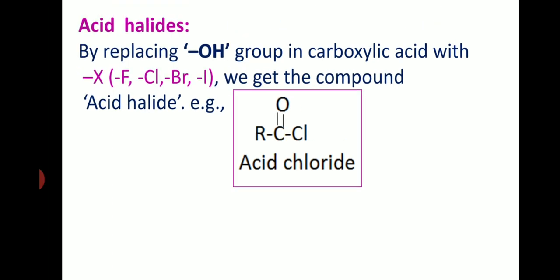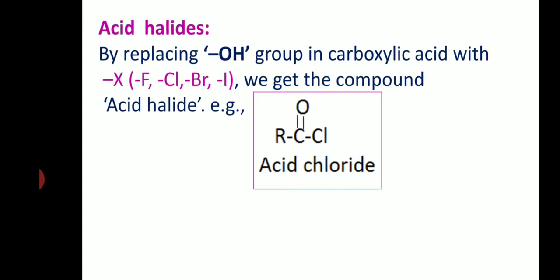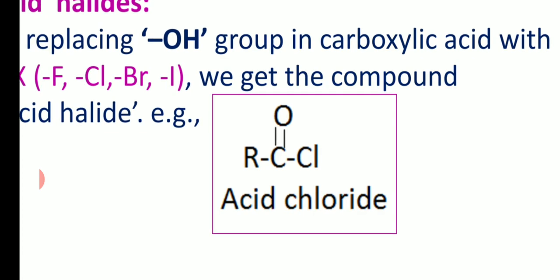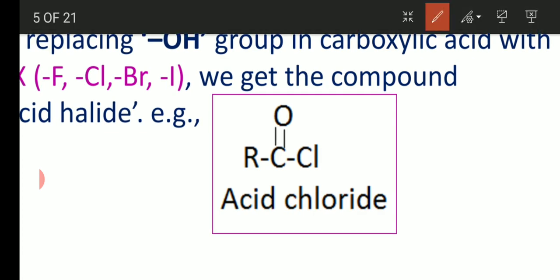So second derivatives are acid halides. Acid halide is this, RCOCl. So you know the skeleton, RCOOH.